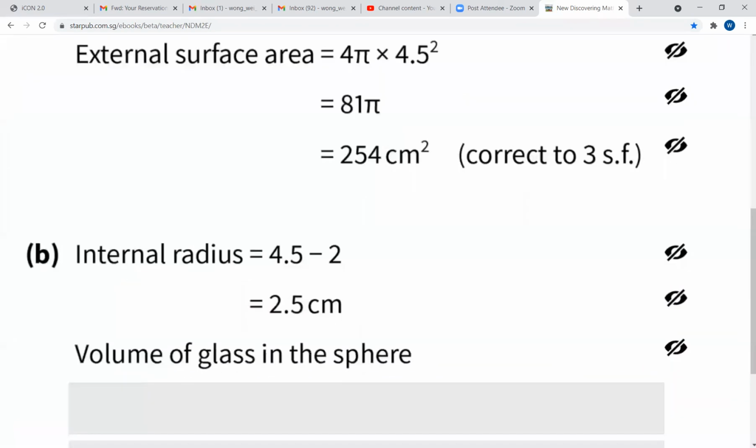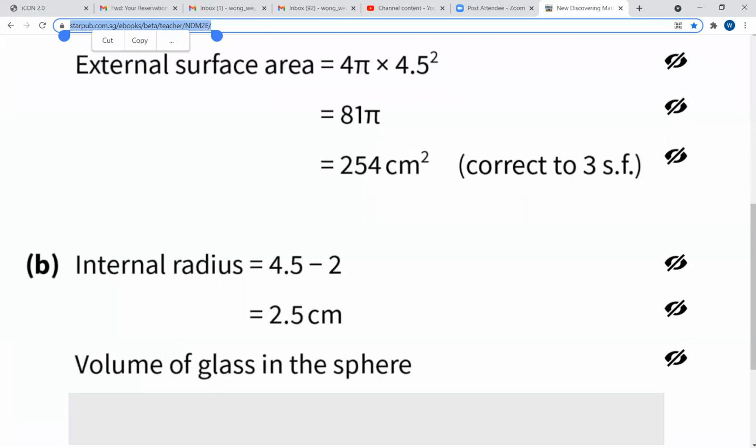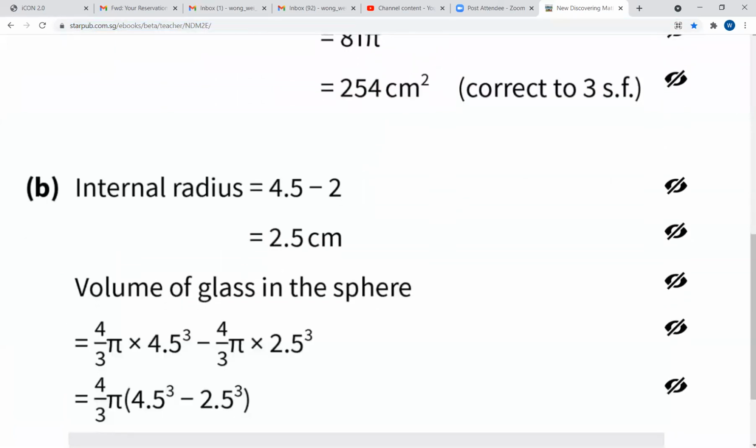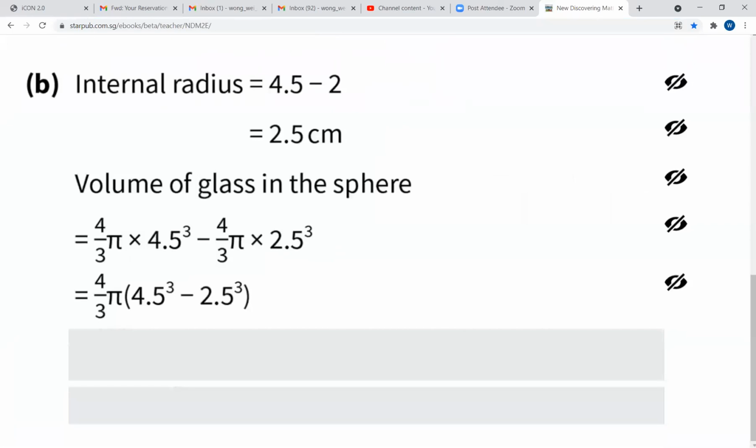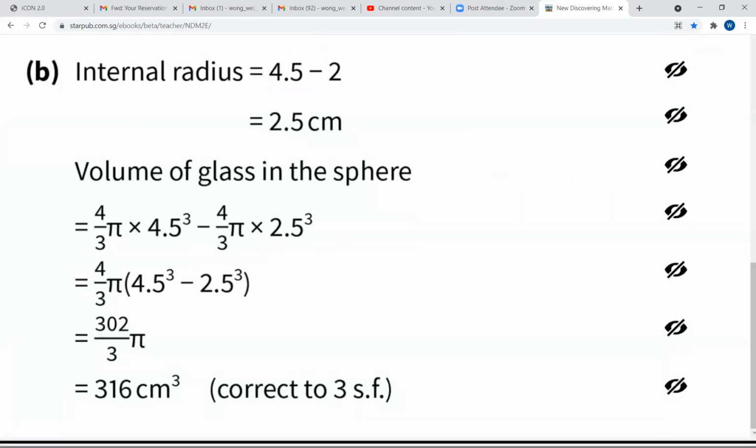So as mentioned, internal radius 2.5 cm. So the volume of the glass is just 4/3 pi r cube minus another 4/3 pi r cube. Typically, students will just evaluate this first step, press calculator, or press everything. But the textbook is showing you that actually you can factorize, because you've got the same factor, 4/3 pi. Factorize it all.